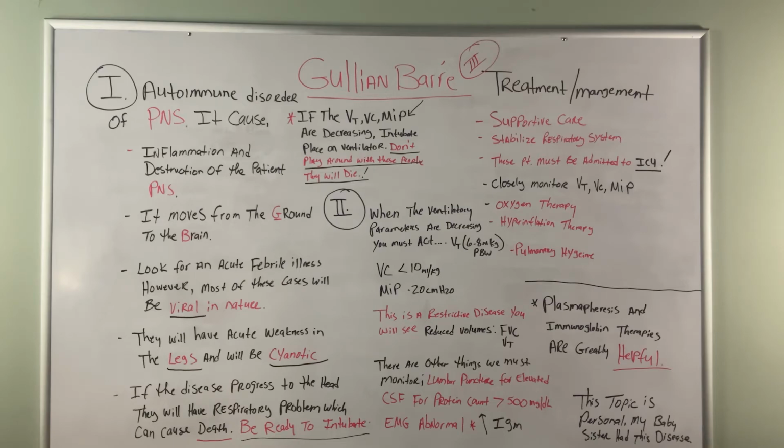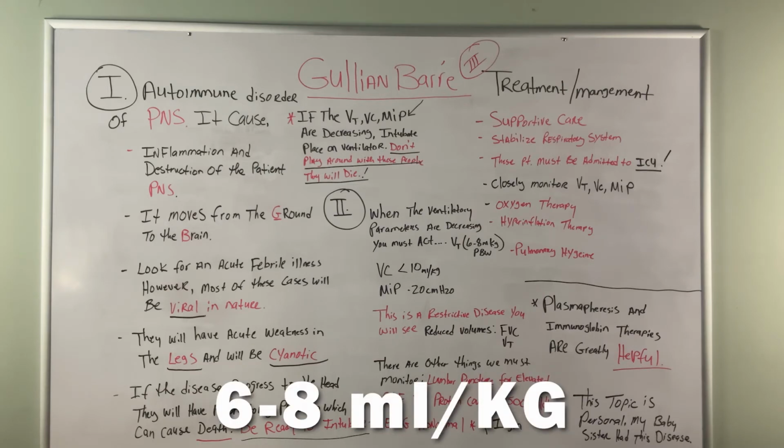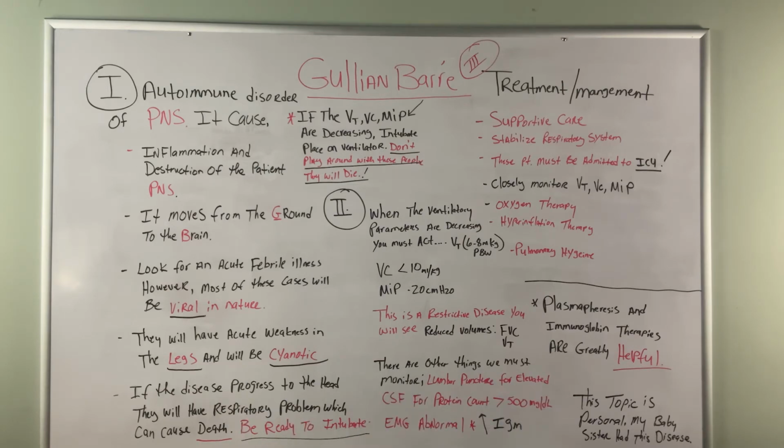And I put that there because the NBRC recommends a tidal volume of 6 to 8 milliliters per kilogram predicted body weight. Your vital capacity should be no less than 10 milliliters per kilogram, and your MIP, maximum inspiratory pressure, should be no less than 20 centimeters water pressure.